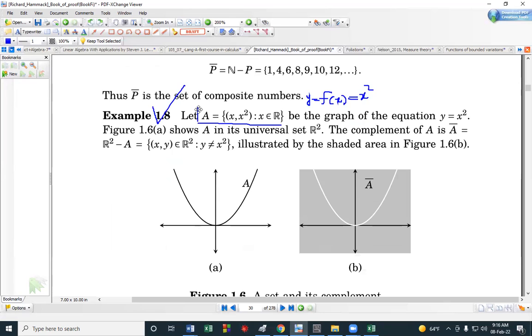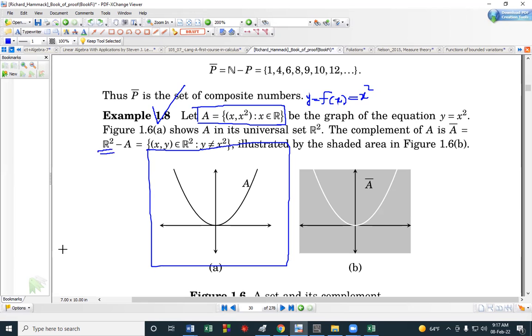And this graph, as I said, is the set of ordered pairs such that the second element is the square of the first element. In this context, our universal set is the whole xy plane, which is the set of all ordered pairs, R2.